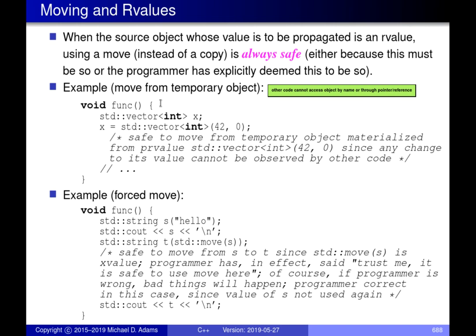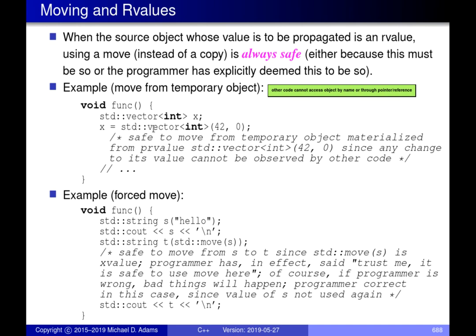So here we have a function called func. It has a vector of ints called x, and inside the function we're initializing x to a vector of 42 zeros. Again, the first parameter is the number of elements, and then 0 is the value for each element in the array. And what we're trying to say here is: is it safe to replace this copy with a move?